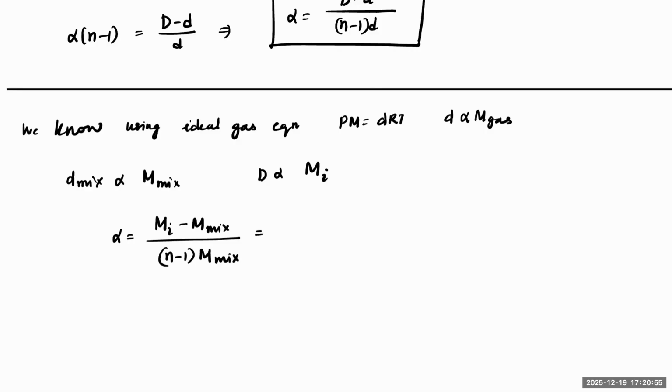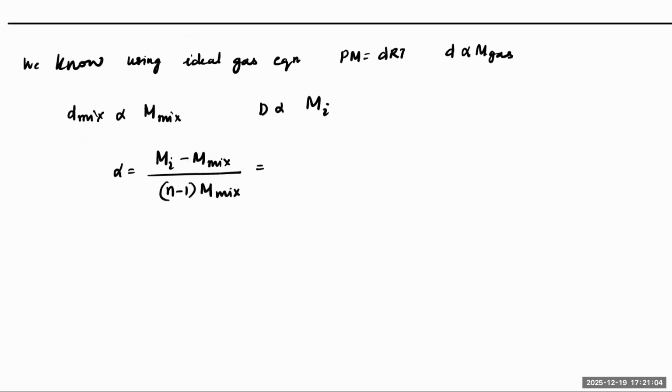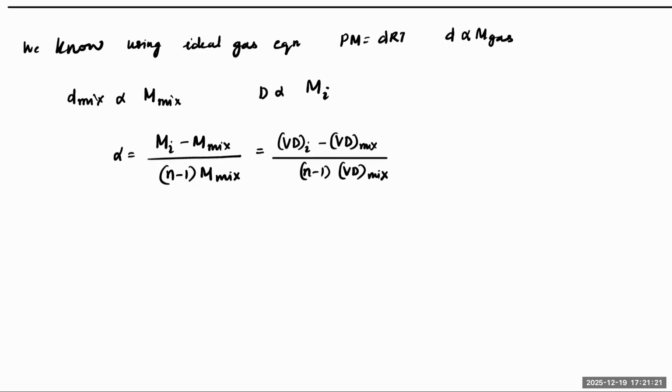Now, molar mass can also be written as 2 times the vapor density, correct? Vapor density of the initial amount minus vapor density of the mixture divided by n minus 1 into vapor density of the mixture. This is another way of writing it, correct?